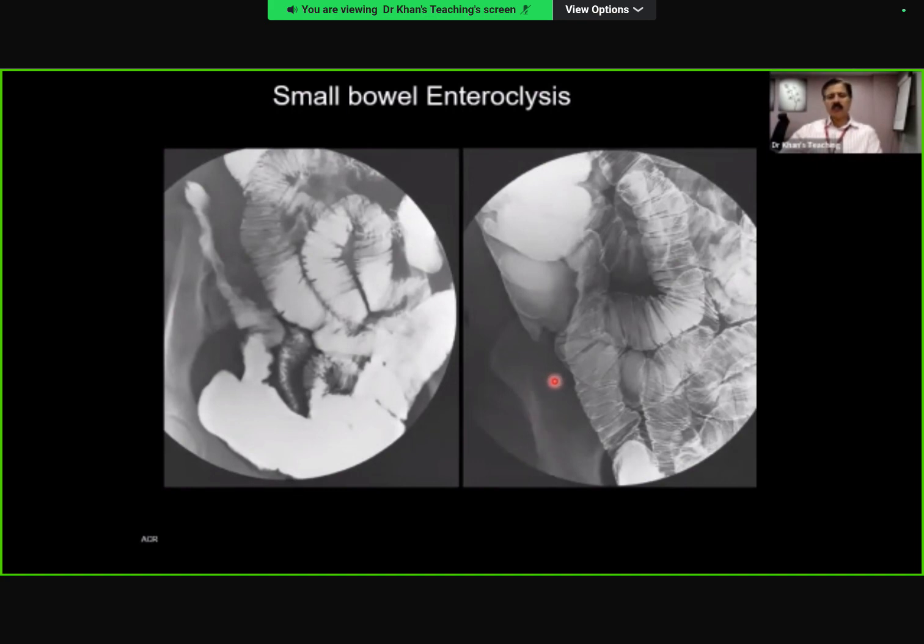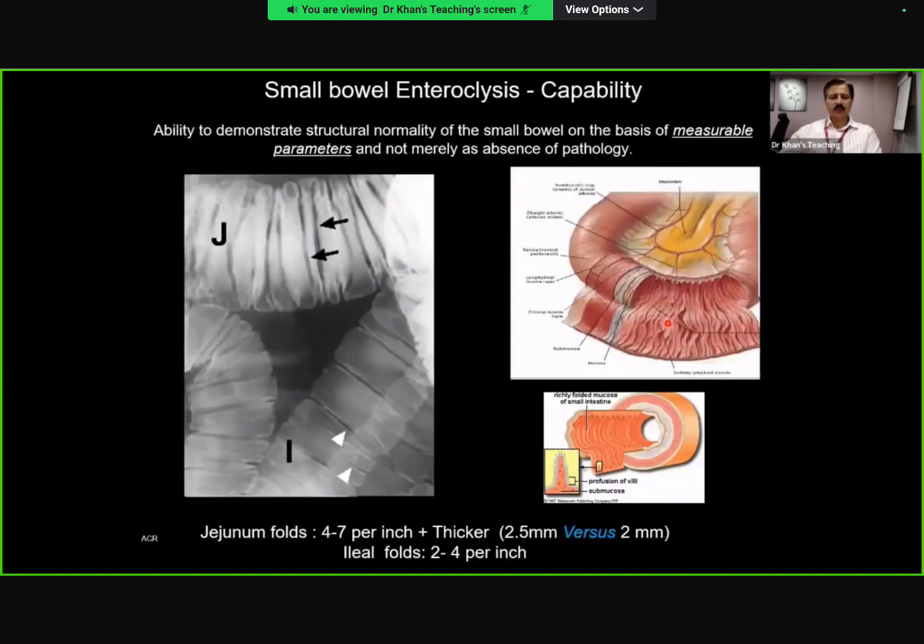No investigation shows the mucosal pattern of the small bowel as well as a small bowel enterocolysis. Will they show it in the exam? I don't think so. Very few people are doing it now, and very few have the skills to do it. Basically, methyl cellulose is used with Buscopan, etc., to give this coating. But small bowel enterocolysis is very good to teach you anatomy and some findings.